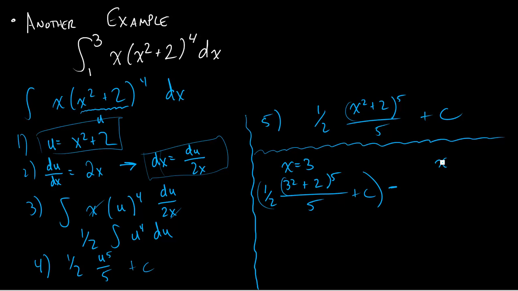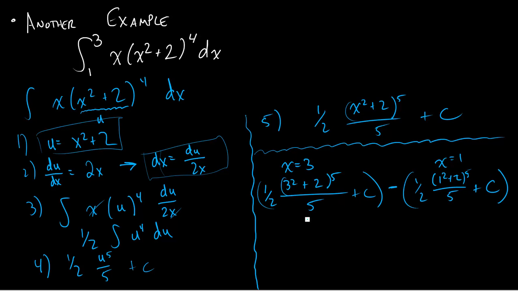And at x equals 1, I have 1/2 times (1 squared plus 2) to the 5th over 5, and that's also plus c.